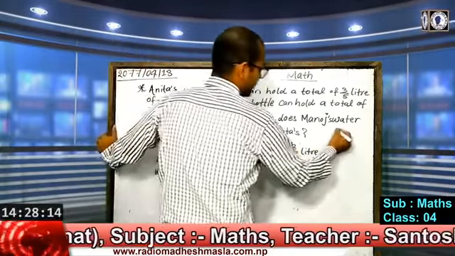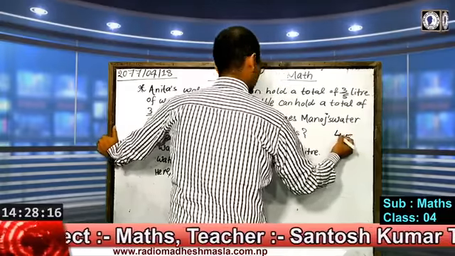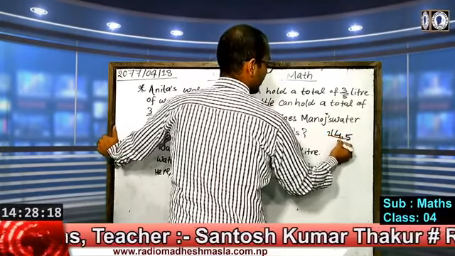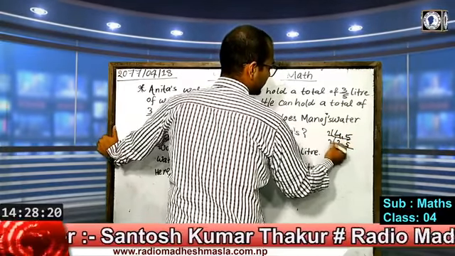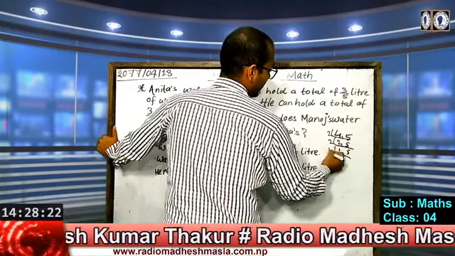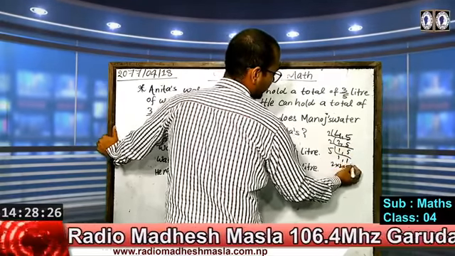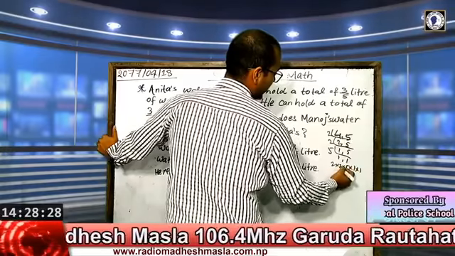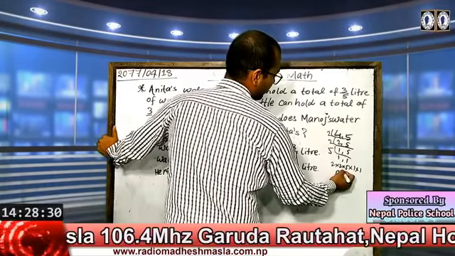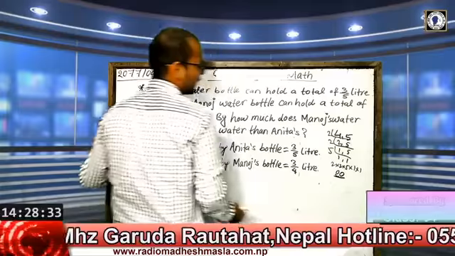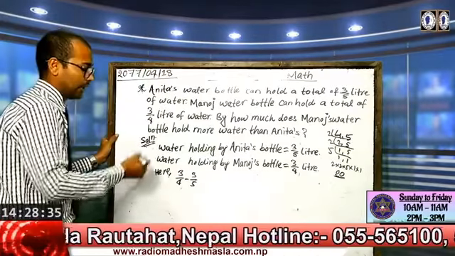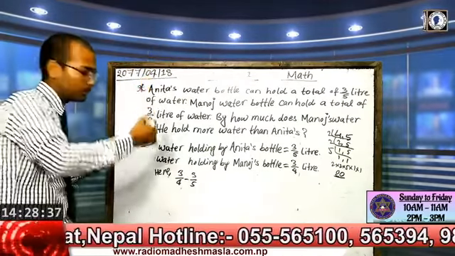So when we take the LCM of 4 and 5, we get 2 fours are 4, 5, 5; 2 ones are 2, 5, 5; 5 ones are 5, and 1, 1. So 2 into 2 into 5 into 1 into 1 is equal to 20. Yes, our LCM becomes 20, and then we use the same method that we followed earlier.